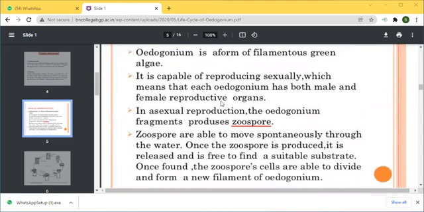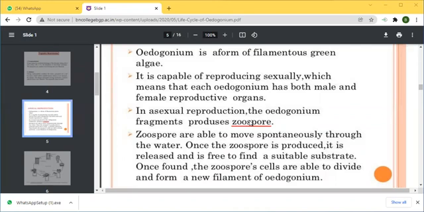It is also capable of reproducing sexually. What is the meaning of sexually? Each Oedogonium has both male and female reproductive organs present. In asexual reproduction, the Oedogonium fragments produce zoospores. What is the type of asexual reproduction here?